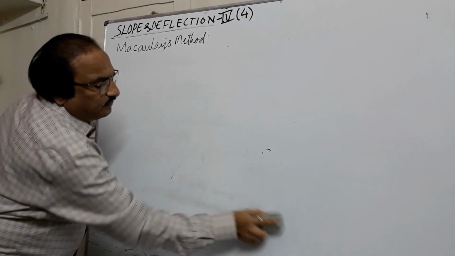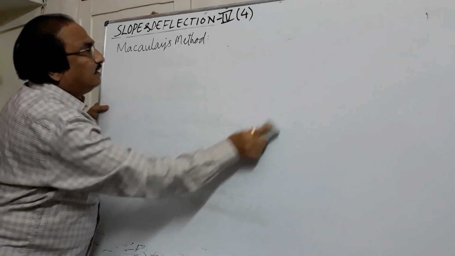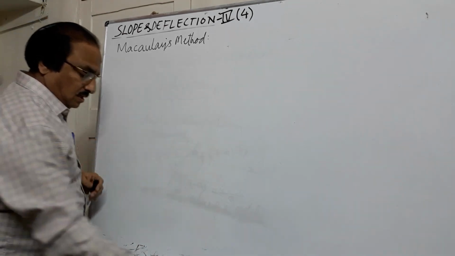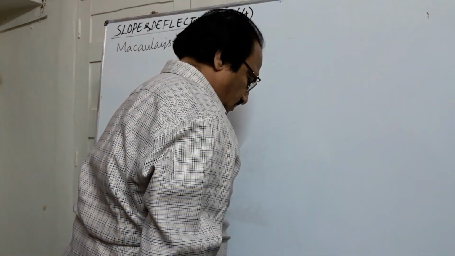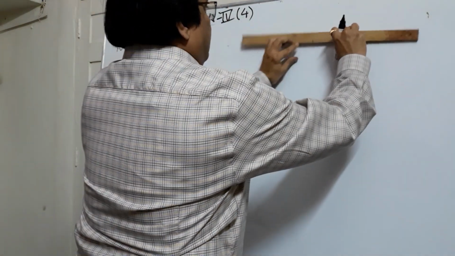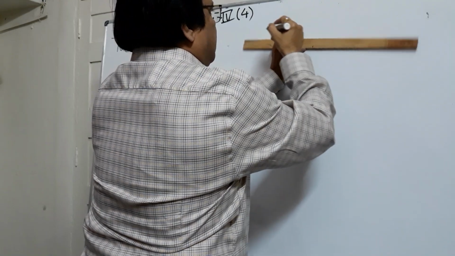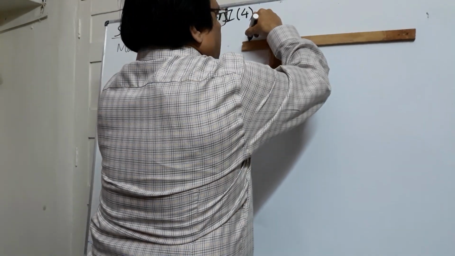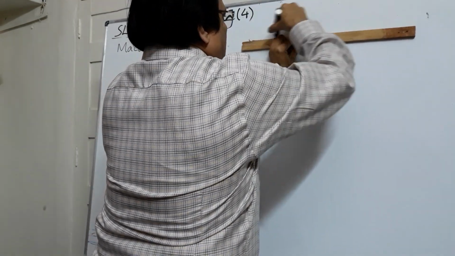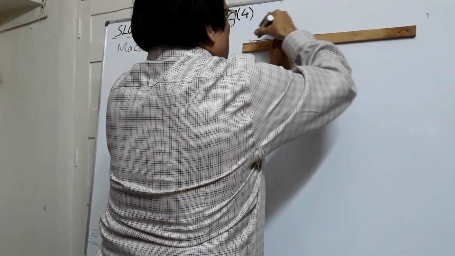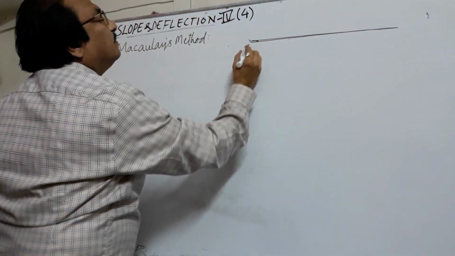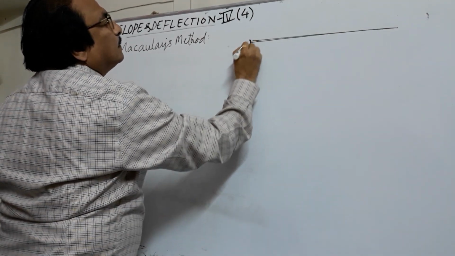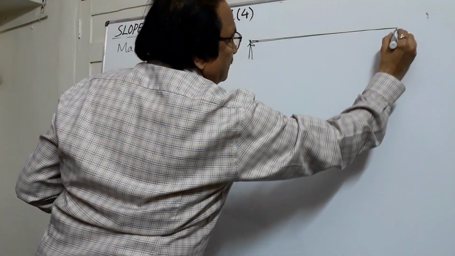Double integration is very time consuming and difficult to handle all the values. So let us take a problem here. Let us take a beam here, simply supported at the ends.